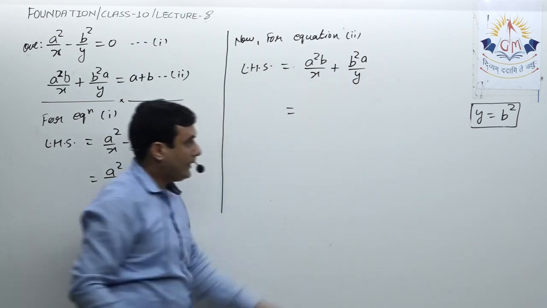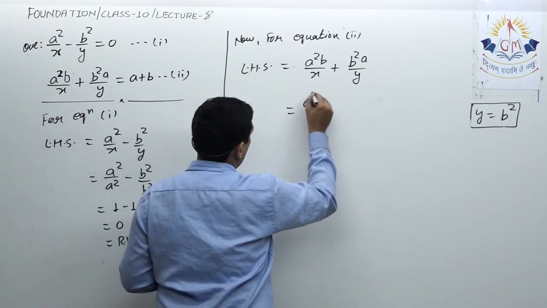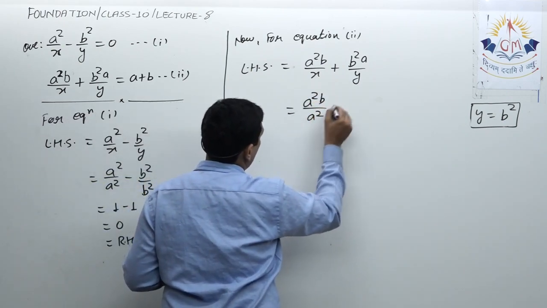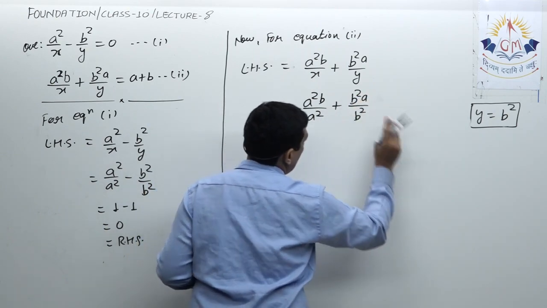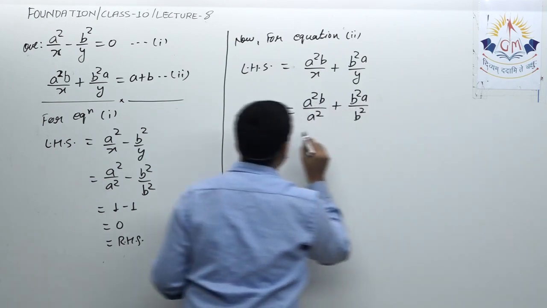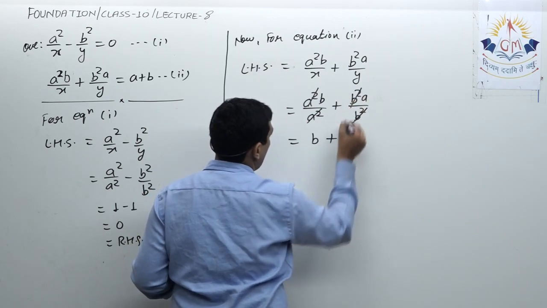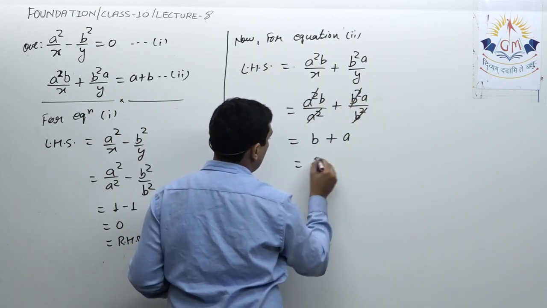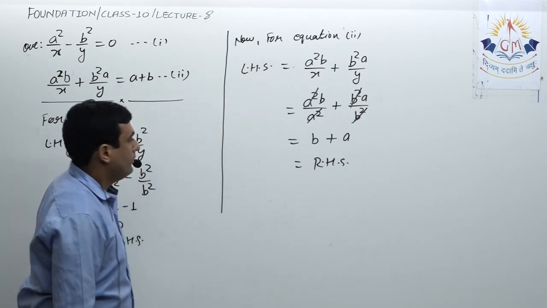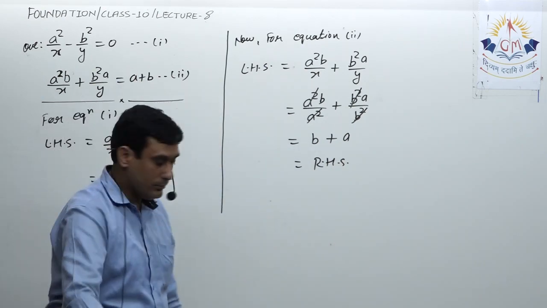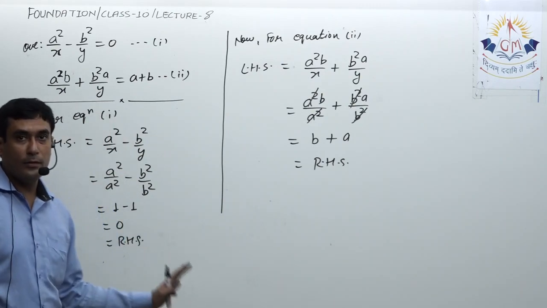Okay, so x is a square, so a square b upon a square plus b square a upon y, y is b square. So this a square cancel, b square cancel, a, and that is actually RHS, isn't it? RHS is a plus b. So here we also verify that our answer is correct. So please note it down.